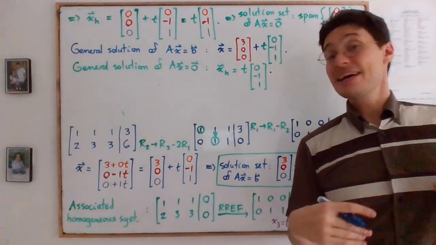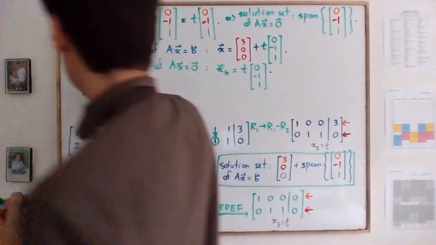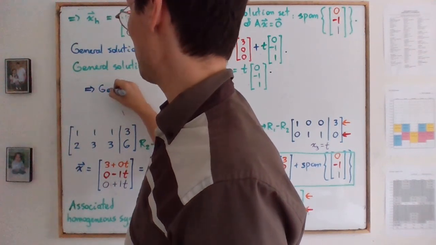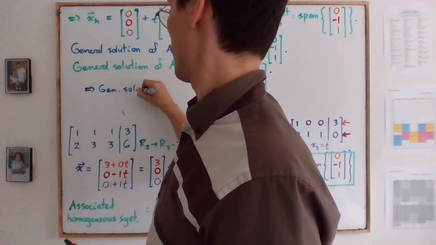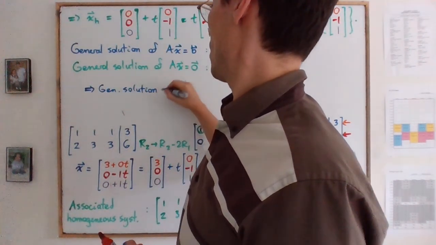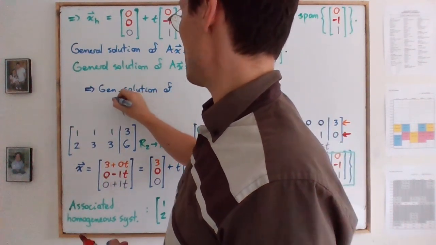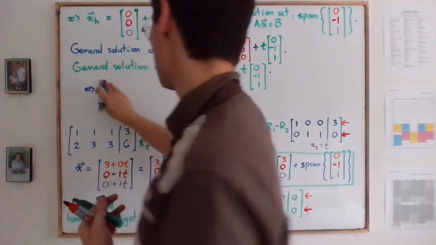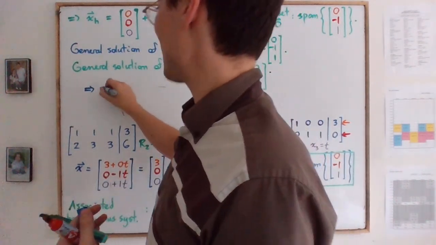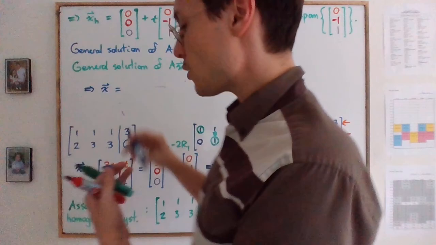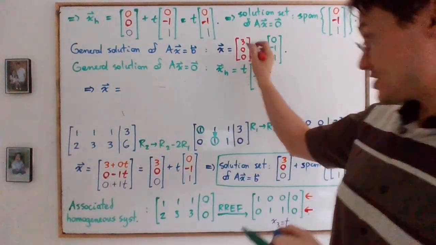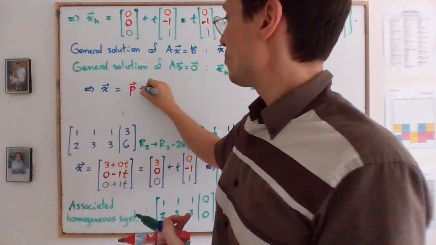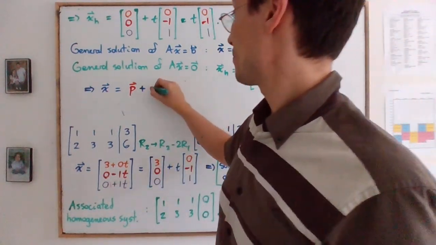So this verifies the theorem that we have seen in class, that the general solution of AX equals B. So in other words, let's actually not write this. Let's write that X is equal to this, which is the particular solution, plus XH.